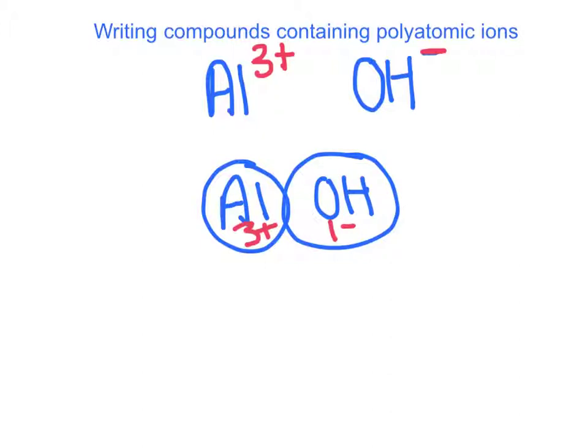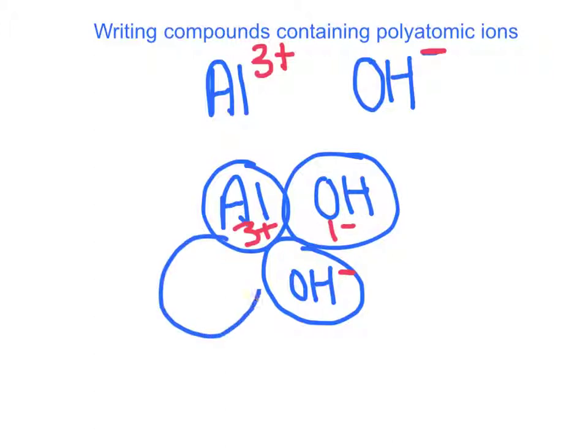So basically what needs to happen is that if I keep adding OHs, okay, now I have 2 minus and 3 plus. That still doesn't balance, so what I need to do is add another hydroxide.